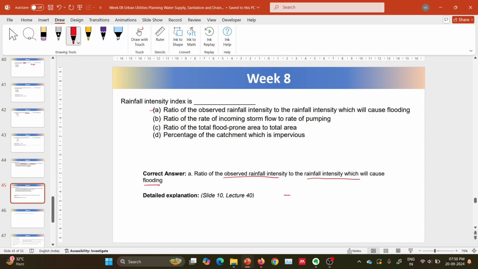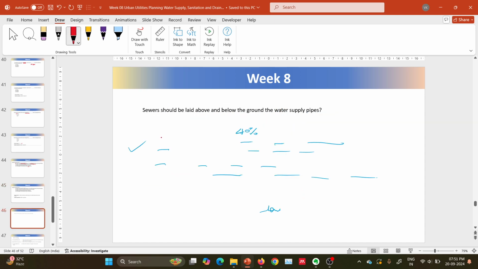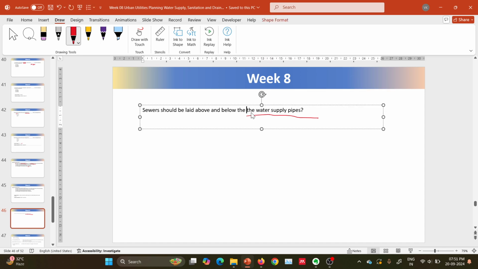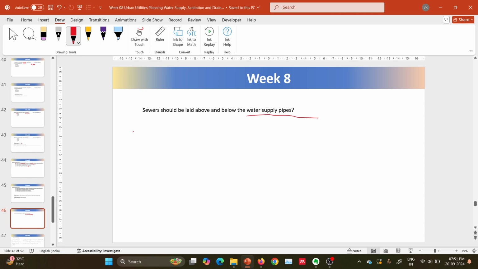So how much is the rainfall intensity and the intensity which will cause flooding? Sewers should be laid above or below the ground? This question is about the position relative to water supply pipes.